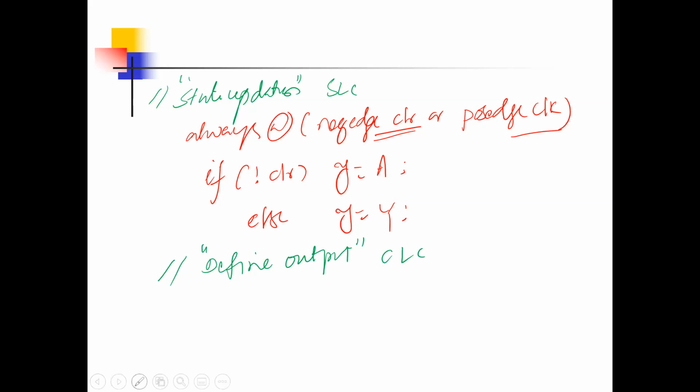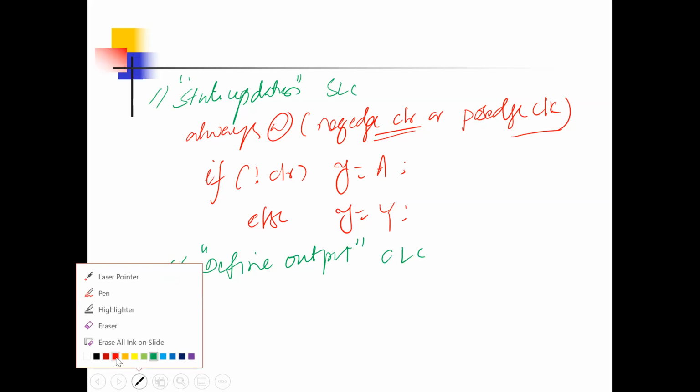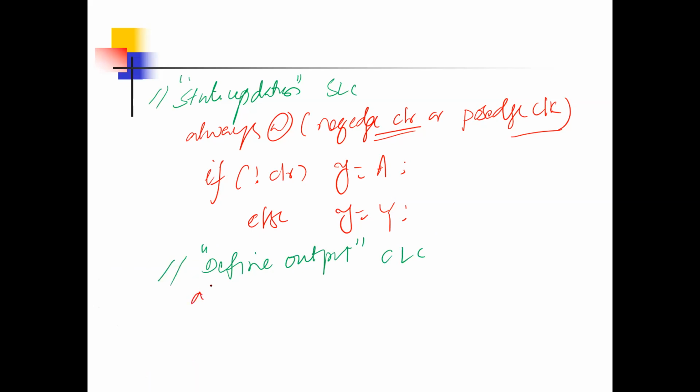So you can write an always block, always @, small y, which means the next state. If small y is equal to D, what is D? D means 110.